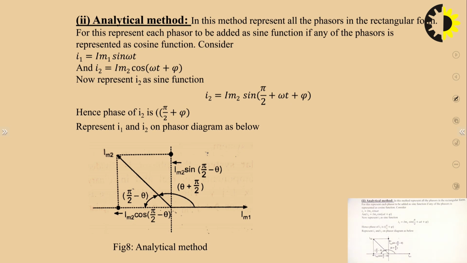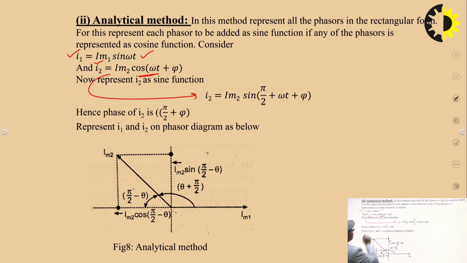Suppose we want to add two quantities I1 and I2, whose equations are given here. By the analytical method, we first see whether they are in standard form or not. We can see that this one is in standard form, but this one is not, so we first convert it into standard form.